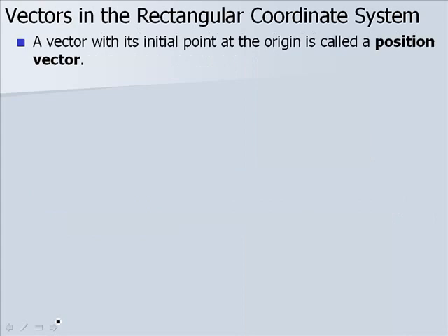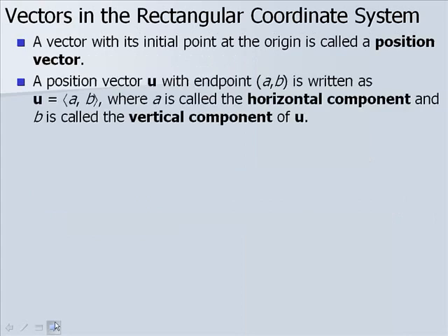A vector with its initial point at the origin is called a position vector. A position vector u with endpoint AB is written as u equals these slanted parentheses here, AB, where A is called the horizontal component and B is called the vertical component of our vector u, sort of similar to x and y in an ordered pair in our coordinate plane system.